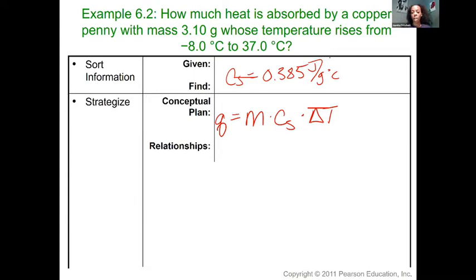We can then plug all the rest of the information into this simple calculation. So the mass, which we see is 3.1 grams, times the specific heat, 0.385 joules per gram per Celsius. And the change in temperature, you can put it in as my final, which is 37, minus the initial, minus 8.